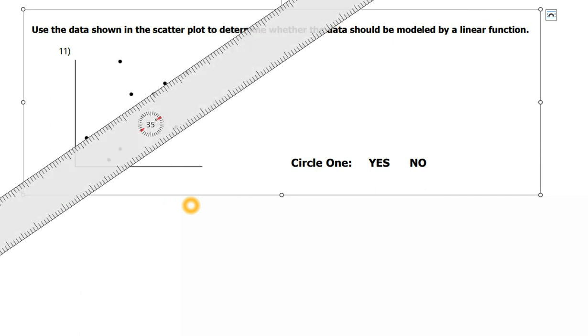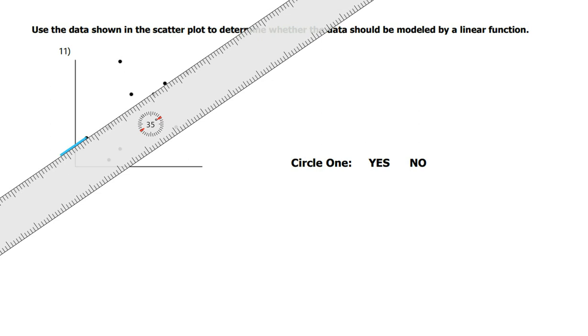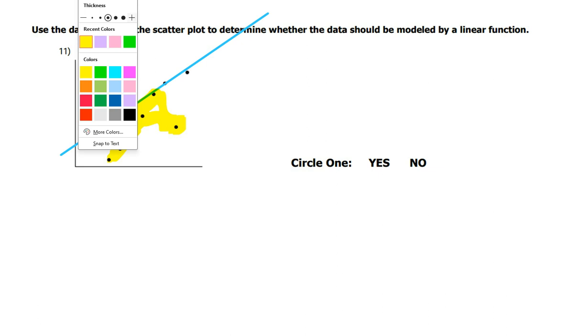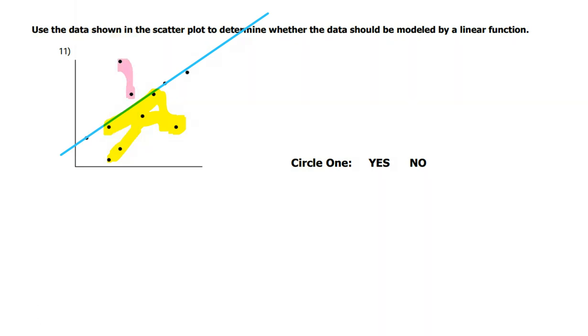Even if I drew a line right here and take the ruler away, you can see that I've got a bunch of points on this side, and then points on this side. It's kind of scattered all over the place.